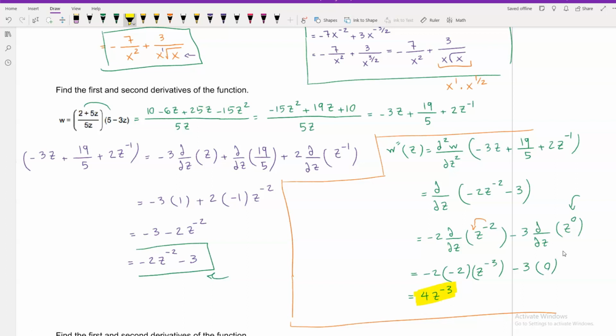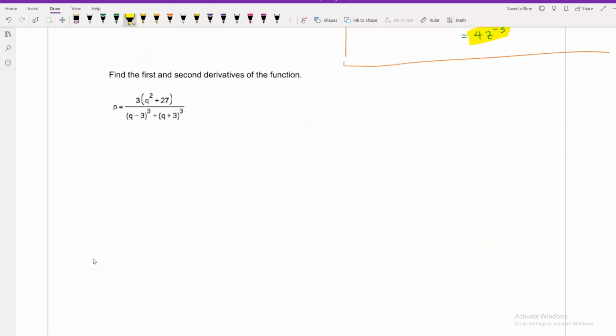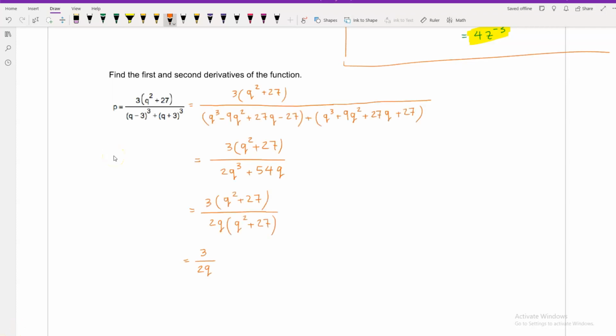For second derivative, here again it's asking to find first and second derivatives of the function. P is equal to 3 times (q² + 27) divided by (q − 3)³ + (q + 3)³. So I'm not going to find derivative based on what is given here first.